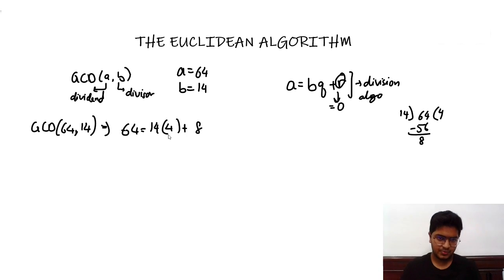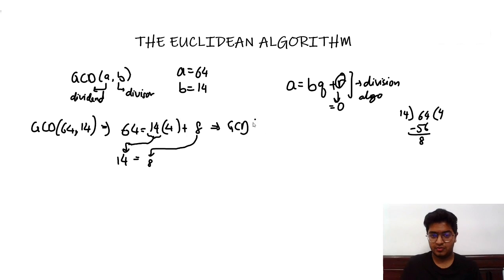The divisor 14, which we used for 64, will become our dividend, and this 8 will become our divisor. So we'll find the GCD of 14 comma 8.